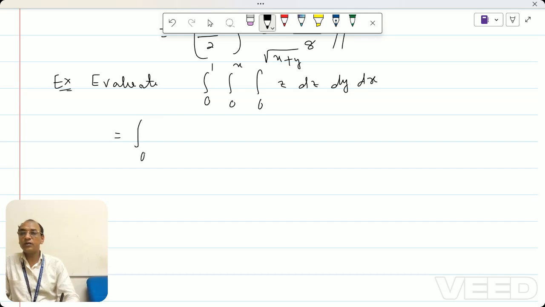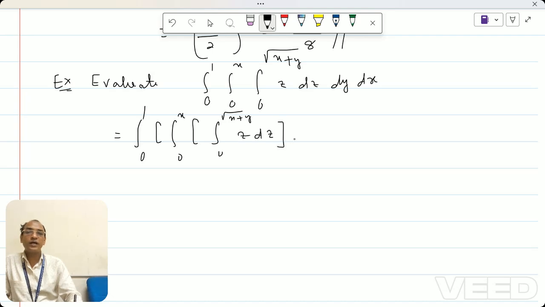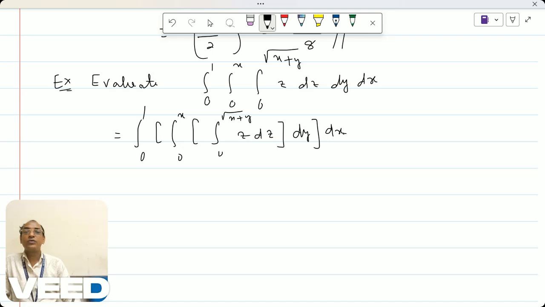So integration 0 to 1, integration 0 to x, and then integration 0 to root over of x plus y, z dz will be first and then dy and then dx. So here we don't have the luxury of integrating any one of them first or second with appropriate limit.